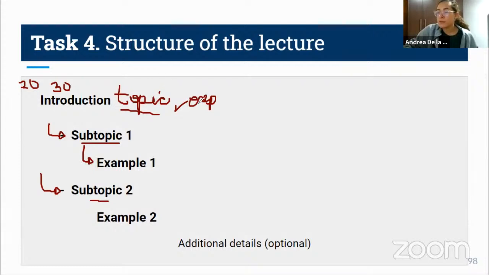So for example, the professor says, today we will be talking about pollution. Pollution is the way that our environment is being contaminated or destroyed, whatever. And then you have the first subtopic. We're going to talk about 2 different causes of pollution. The first cause is, I don't know, industries or economic development.